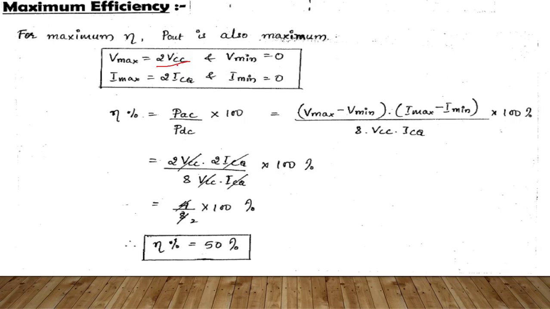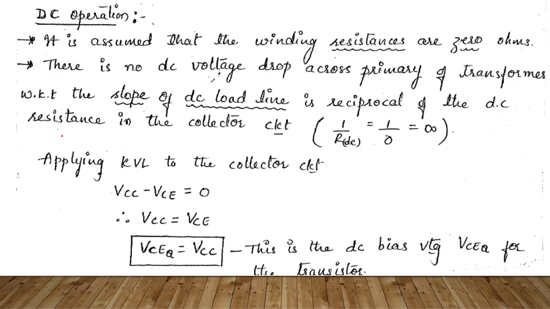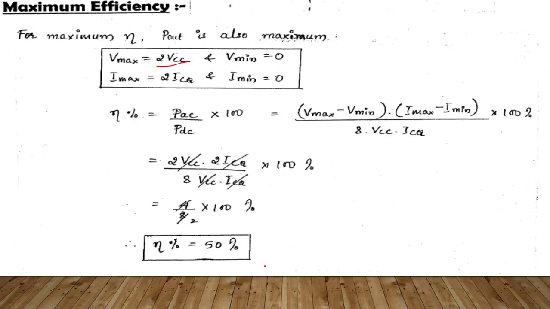Why am I getting 2 VCC? Because there is no resistance present here, so the Q point is VCC, and the maximum becomes twice the Q point, so it is 2 VCC. For that reason we get twice the previous percentage, 50% instead of 25%. All the other calculations are the same as the series fed.